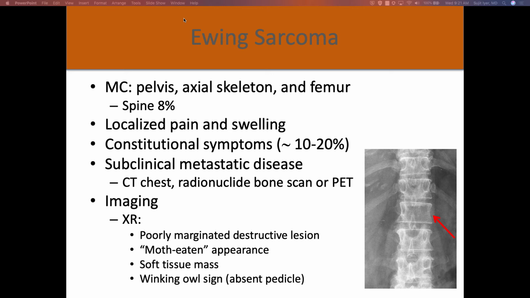On X-ray specifically, you will potentially see a soft tissue mass, similar to what we saw on ours. And then you'll also see more of a destructive lesion where the margins are poorly demarcated, as well as a moth-eaten appearance. And then you may also see what they call a winking owl sign, where one of the pedicles is not present compared to the other side.